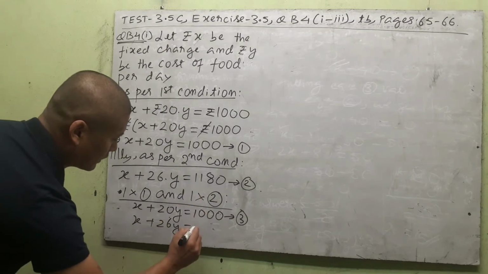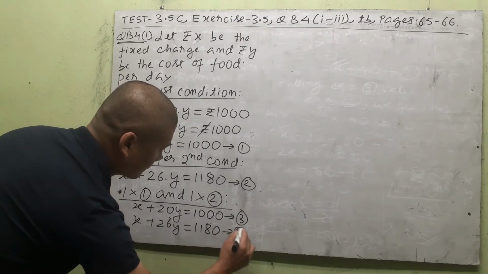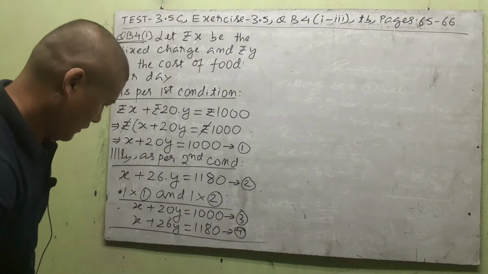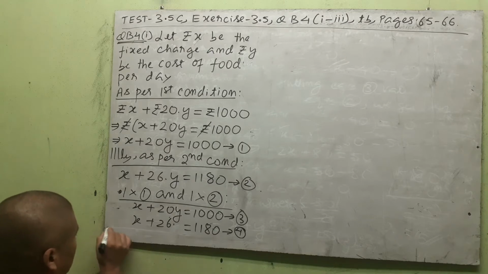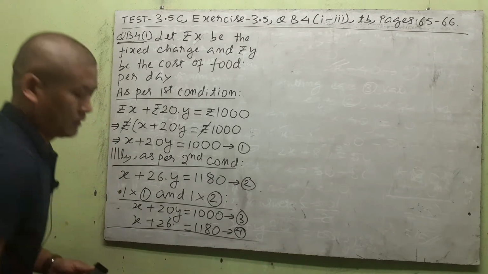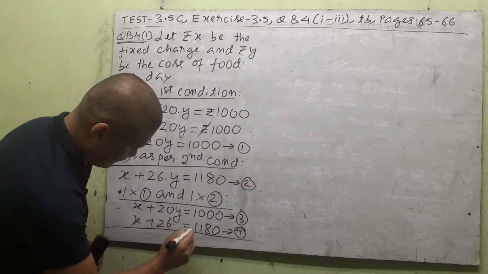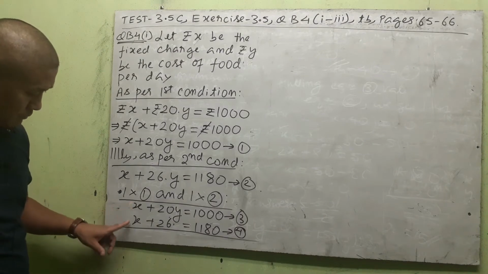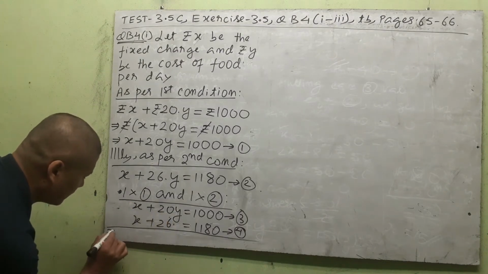Likewise, 1 into 1180 is the same number, 1180. And as we have done by the elimination method in the previous cases, we know that if the equated terms have the same sign, both plus or both minus, we do elimination, that means 3 minus 4.